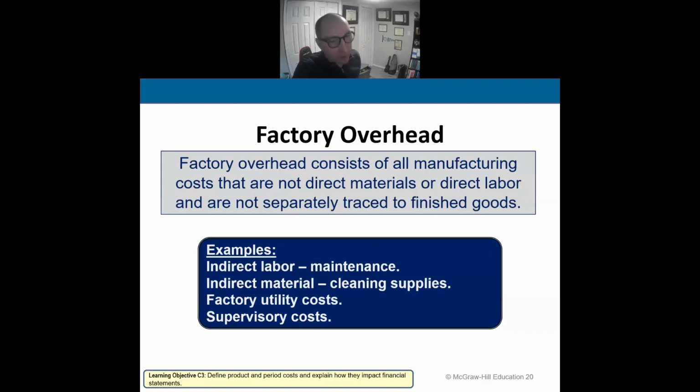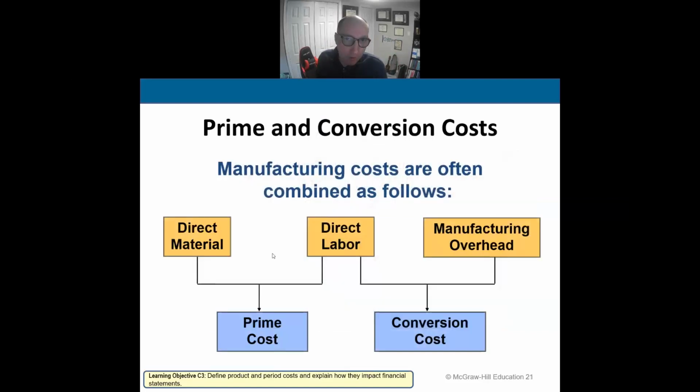This would include things like indirect labor, indirect materials, utilities for the factory, supervisors' costs, etc. We cannot directly trace them to the product. We can do it indirectly. That's why it's manufacturing overhead or factory overhead.